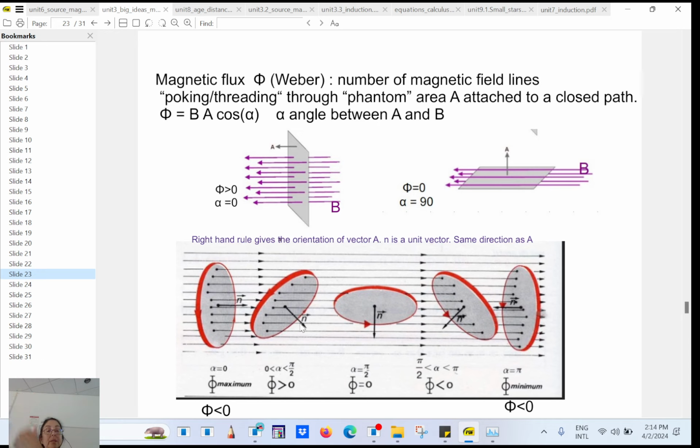So the flux is positive, here it goes to 0, and here it's going to be negative, because the cosine of this angle it has spun is negative. Although it's more advanced, you don't have to worry about it. But the thing to understand is that in that case, again, the flux is going to be maximum, even though it's negative.